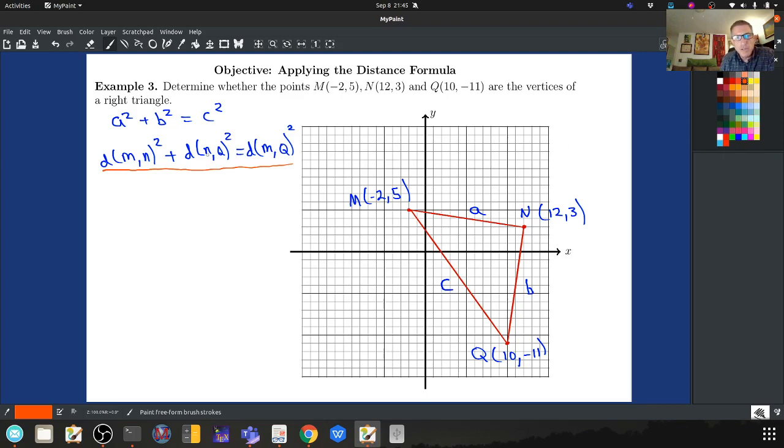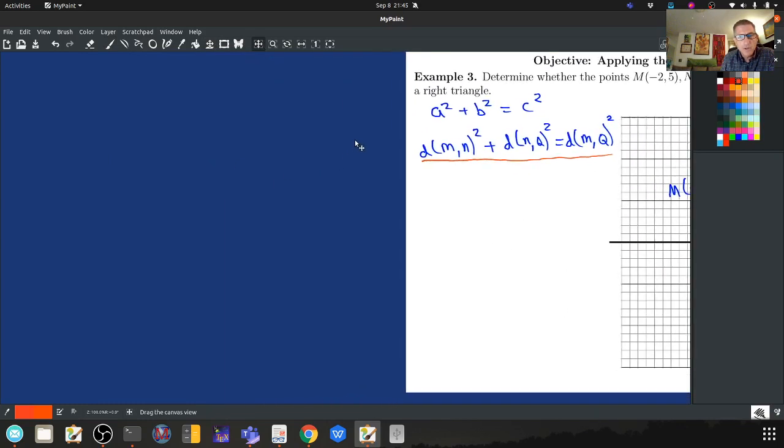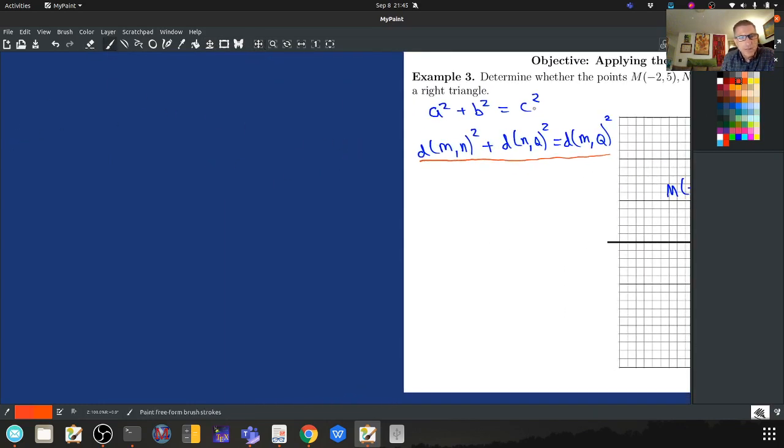But before we do that, I want to show you something. We have the formula. This is not as bad as it seems. We have the formula that the distance between P and Q is equal to the square root of the difference in their x values squared plus the difference in their y values squared.